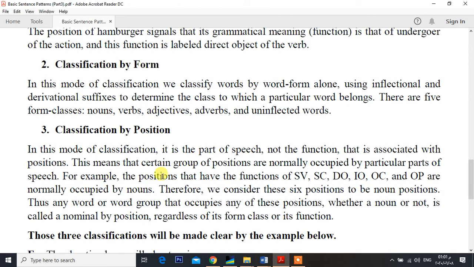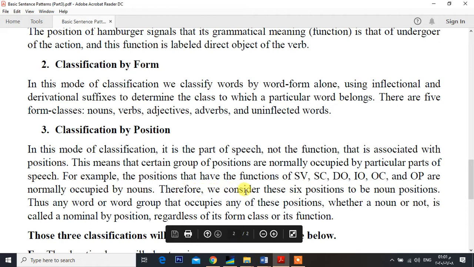For example, the positions that have the functions of subject of the verb, subjective complement (SC), direct object, indirect object, objective complement, and the last one, object of preposition, are normally occupied by nouns. So the positions that have those functions are normally occupied by nouns.